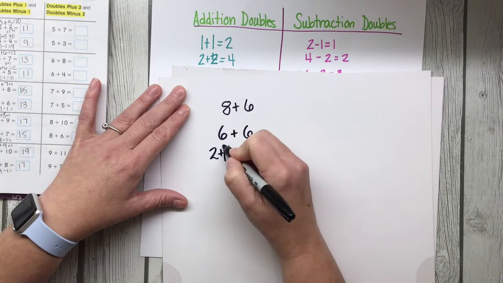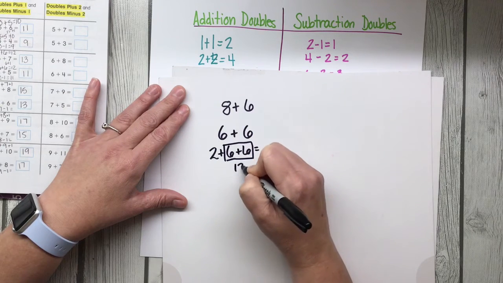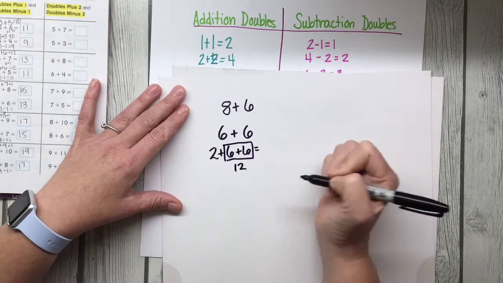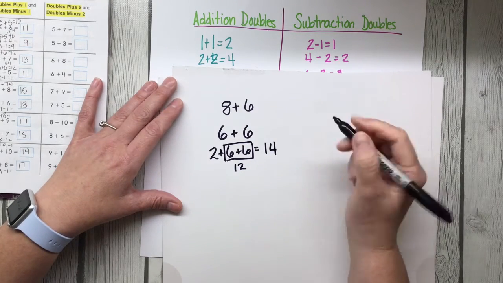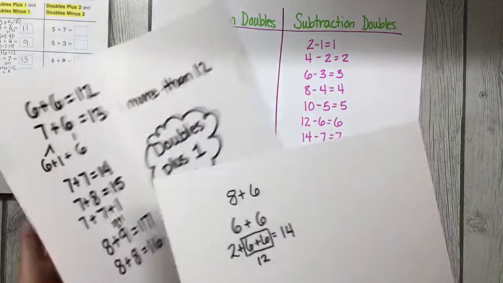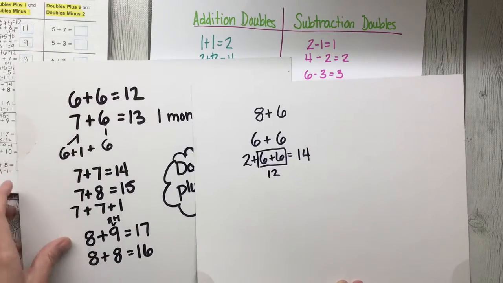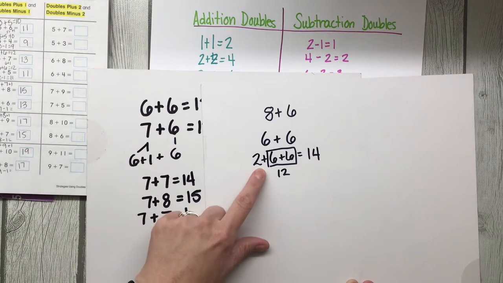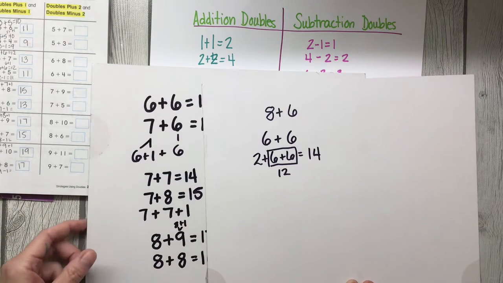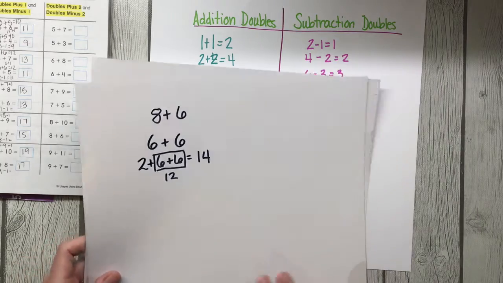If I solve this one first, that equals 12. And then I just need to add 2 more, which totals 14. So it's a lot like doubles plus 1, where I'm doubling the equation that I know and then adding the leftover part that I took off to make it easier for myself a little bit later.